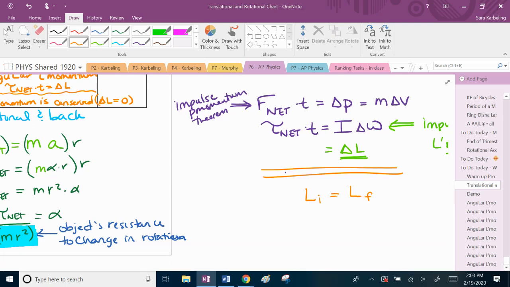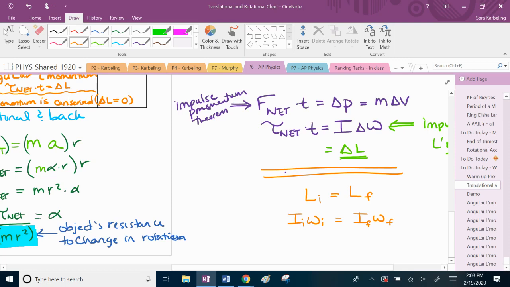L is equal to I omega, so that means that I times omega initial equals I times omega final. When we talk about rotation stuff, often the mass changes, or not the mass, excuse me, the moment of inertia changes, and that's what causes things to change. So I actually have to put an initial and a final there as well.